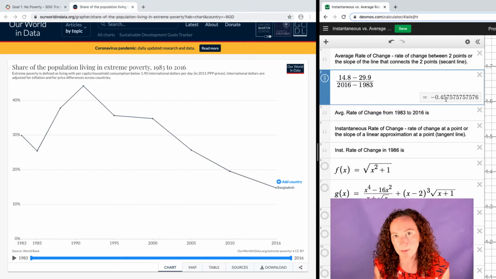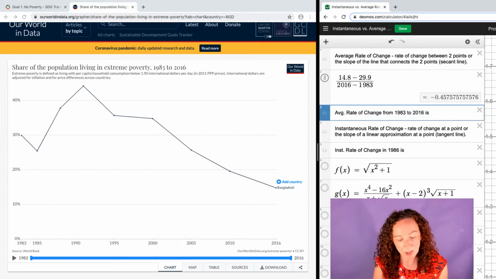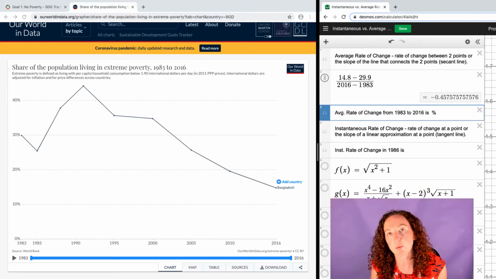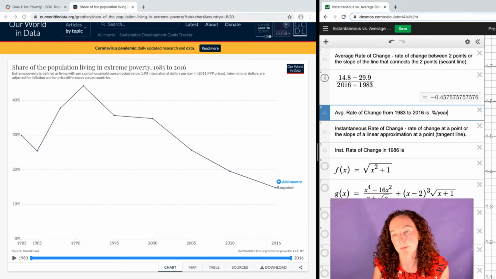But what are the units? The units are the units of y divided by the units of x. So my units are percent, which is the units for y, divided by year, which is the units for x.